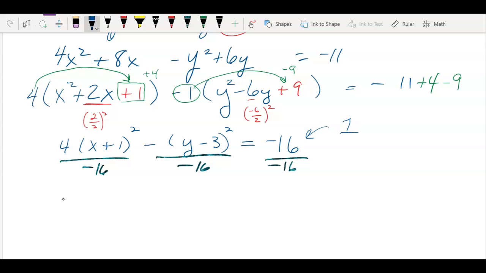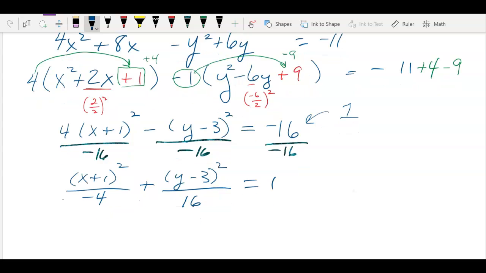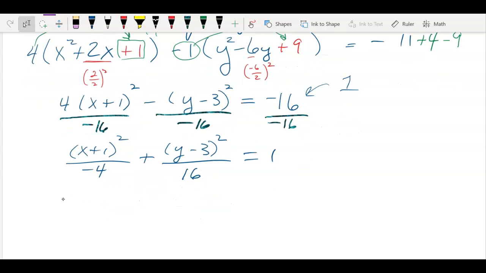So notice this is going to leave you with a negative number. So we'll fix that in a minute. So we have x plus 1 squared over -4. Negative over a negative is going to give you a positive. y minus 3 squared over 16 equals 1. And you just need to flip that around.